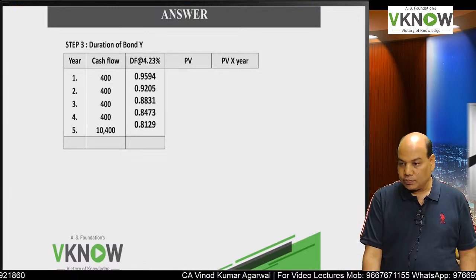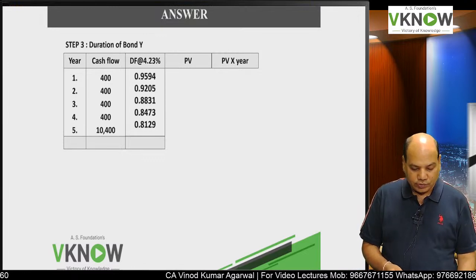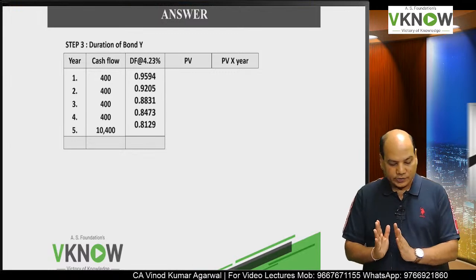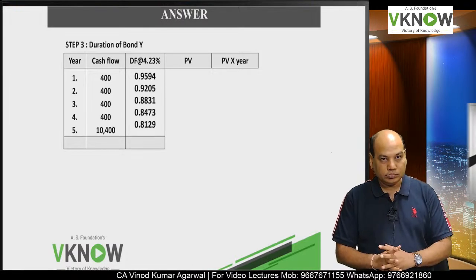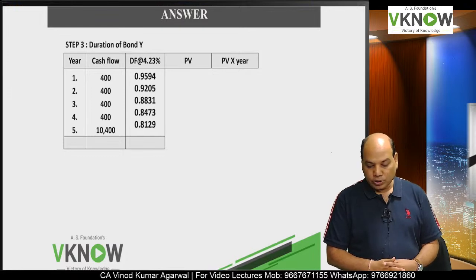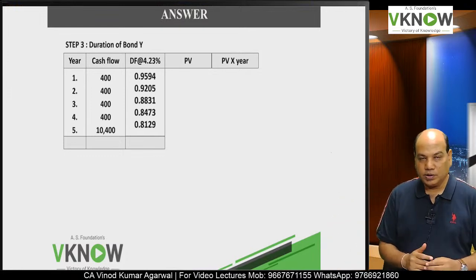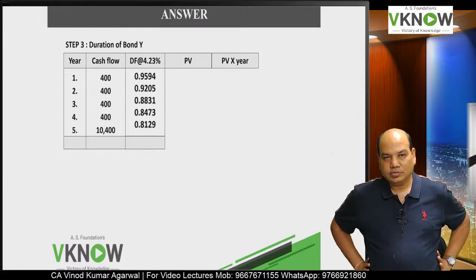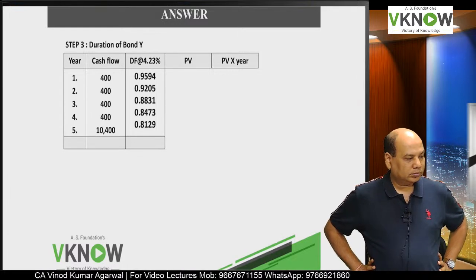Copy the factors from the previous calculation. Don't waste time on factor calculation again. Factors are same, copy. And now you multiply cash flow and the PV factors. Use the memory plus function, easy to take total.